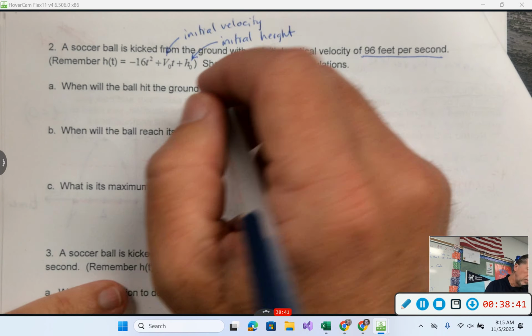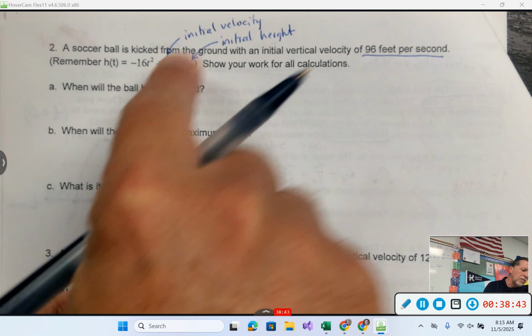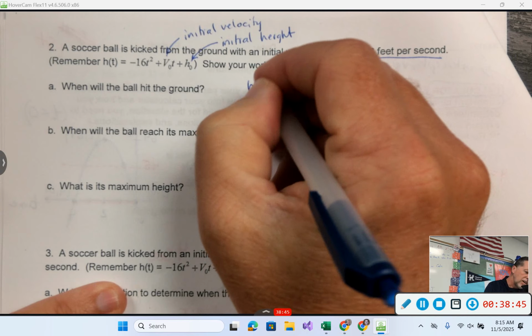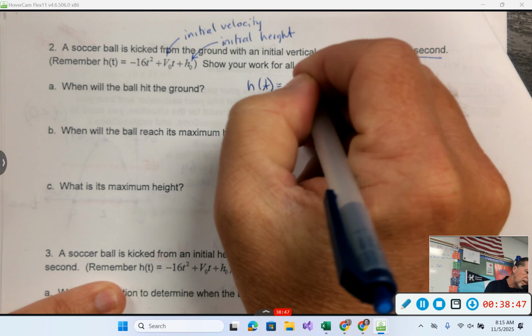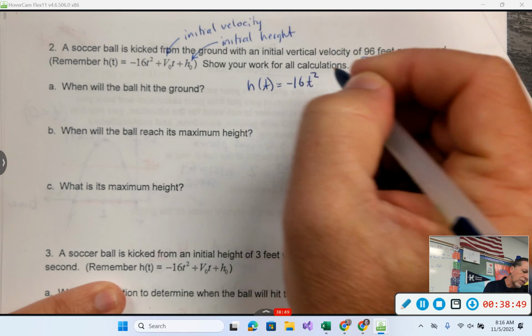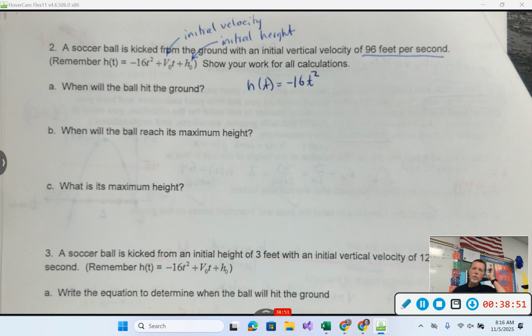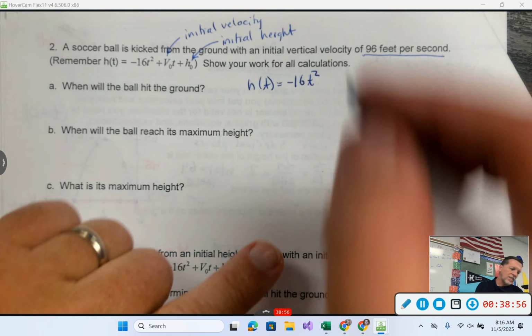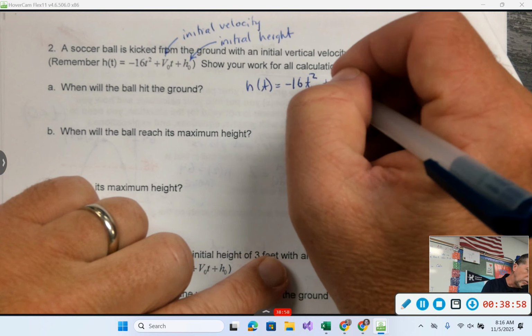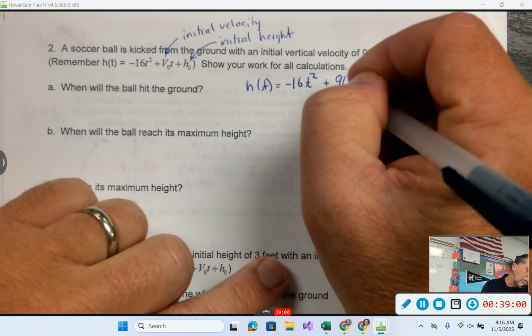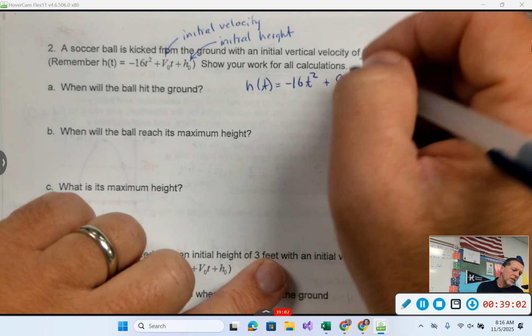Okay, so let's rewrite that equation but fill in some pieces here. So h of t equals negative 16 t squared. What's the initial velocity? 96. Because it just told me the initial velocity is 96. So we put 96 in for V0.